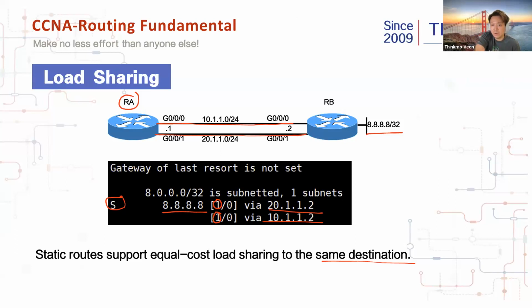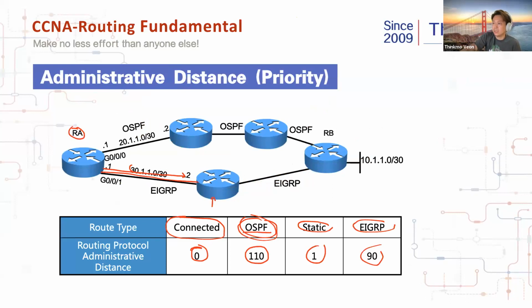So even though you configure the metric in OSPF, for example you tune the cost down to very low, like 1, you will still prefer EIGRP. So let's go back to this slide. EIGRP has 90. OSPF has 110. So EIGRP is always preferred over OSPF.